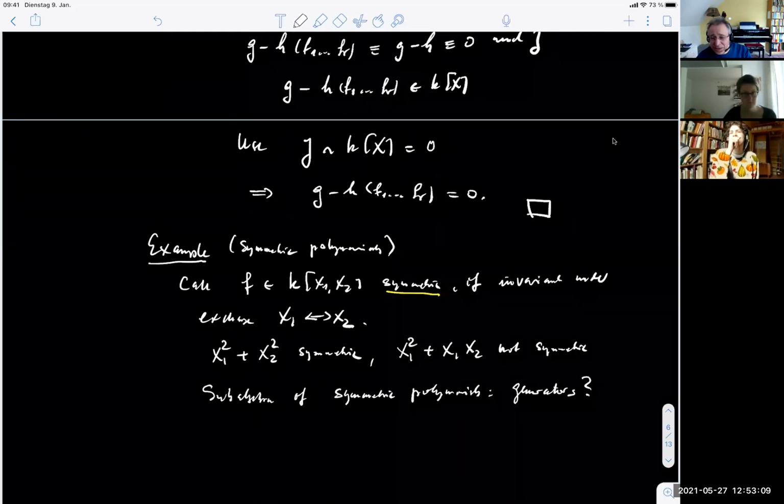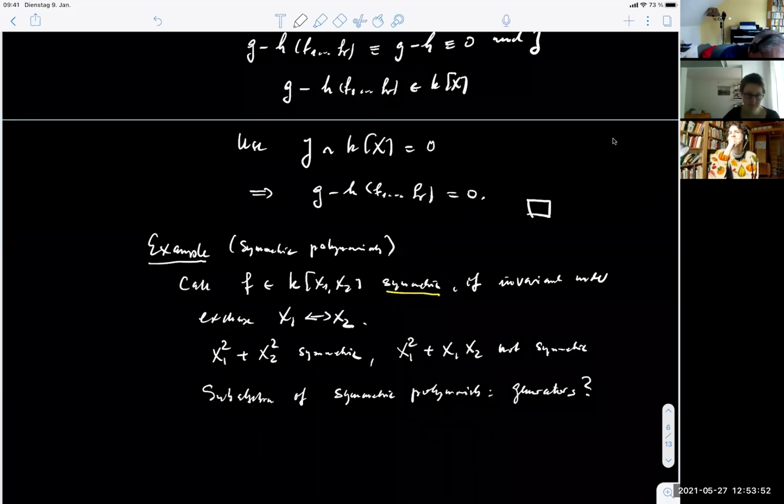But actually, no, I didn't give you an algorithm for how to compute the system of generators. The only thing I told you is how to find out, if I give you a polynomial, whether it is symmetric or not. It's of course clear, you just exchange the variables. So we don't need the algorithm for doing that. Sorry about that, it's confusing.